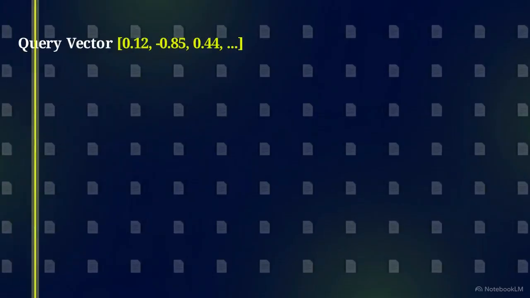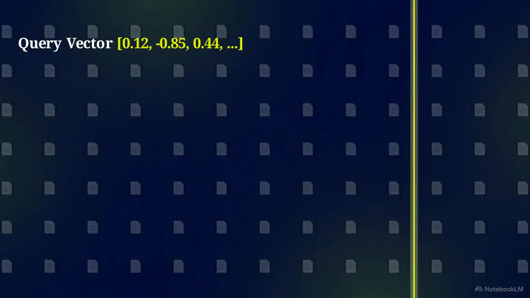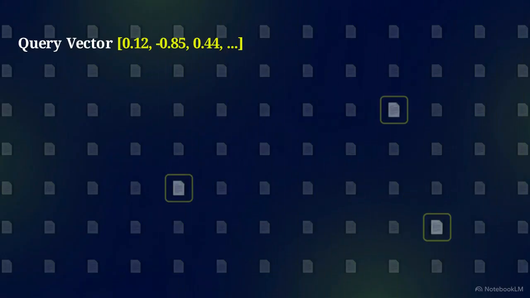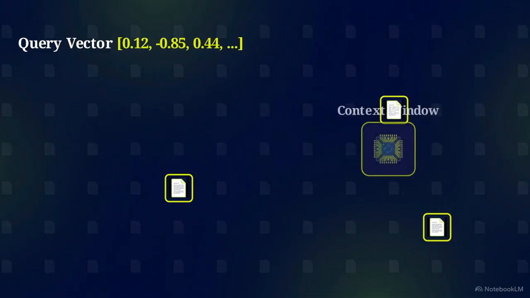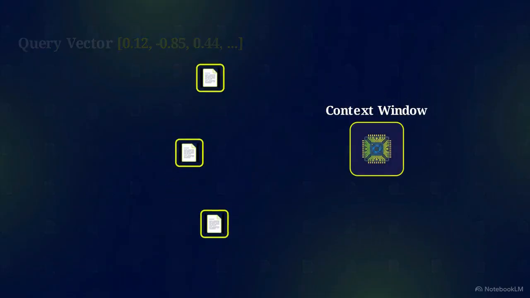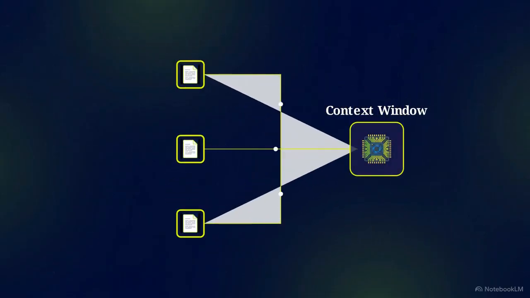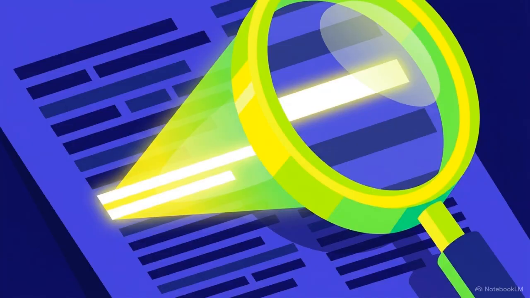Instead of forcing the AI to read an entire set of encyclopedias every time you ask a single question, the system converts your query into a mathematical vector, searches your database for the nearest semantic neighbors, and grabs only the specific paragraphs that contain the answer to inject into the AI's context window. RAG keeps the model's attention laser-focused on a tiny subset of data, drastically cutting the computational waste of processing an entire document library.